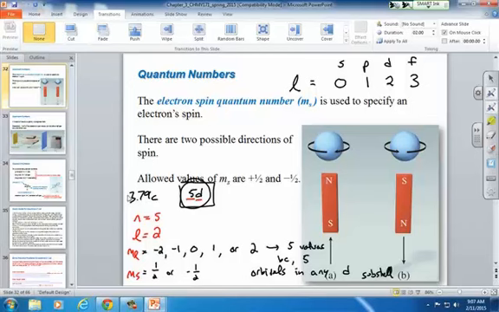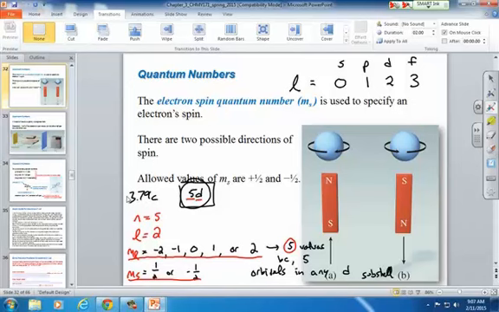So there's no relationship between what ML is and what MS is. So once you know L is 2, because you're talking about a D subshell, you know there are 5 possible values for ML. Which one you have depends on which of the D orbitals the electron is in within that D subshell.